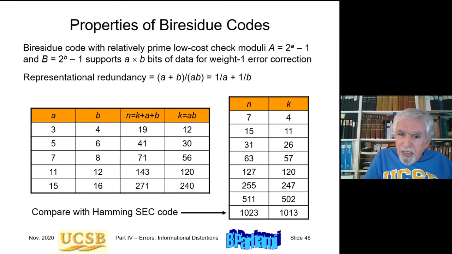This is 20-some percent, so it gets lower and lower. Comparing with Hamming, of course, redundancy is pretty high. So for example, take this 120. Here you have 23 bits of redundancy. Hamming with 120 data bits for single error correction requires only 7 redundant bits.